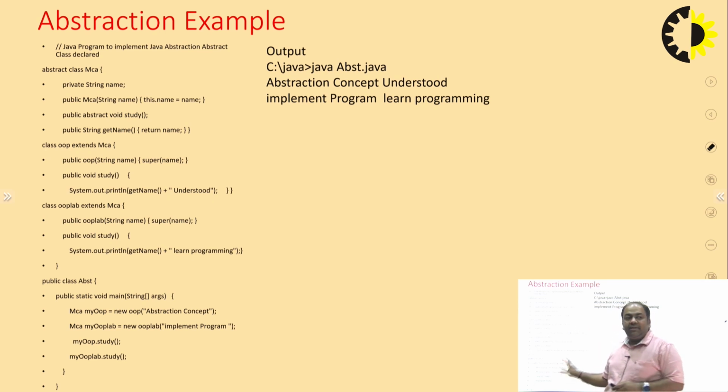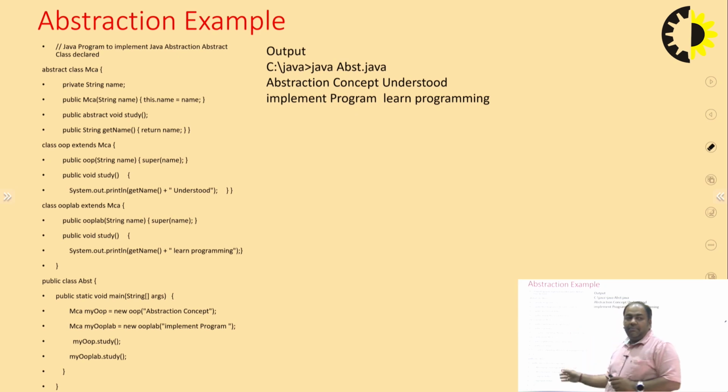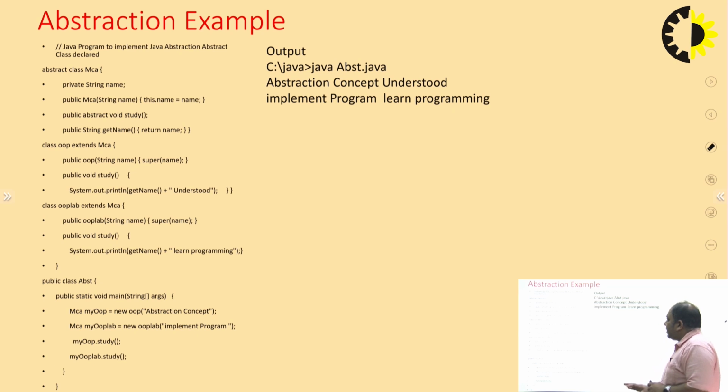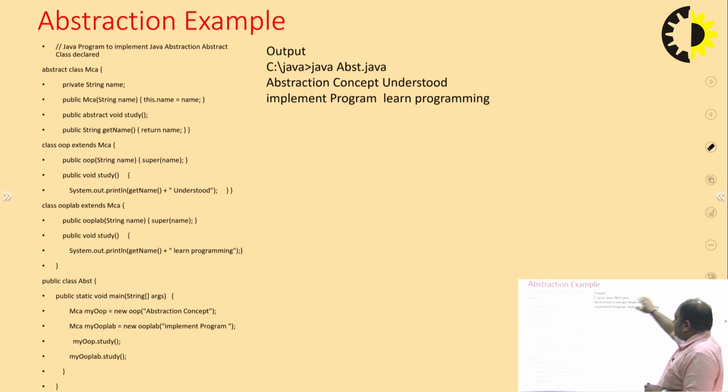We understood the abstraction concept, and in OOPs lab we implement the program which is based on the concept of abstraction. So all these values are represented by using the method study. When we run the program, it represents the abstraction concept taken from this class, and the output is: abstraction concept understood.